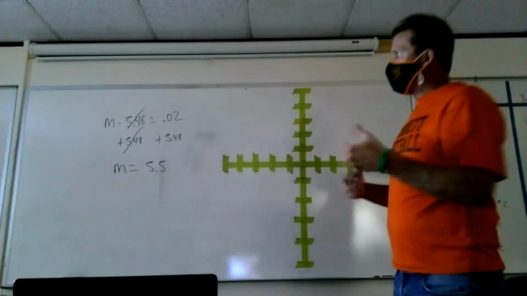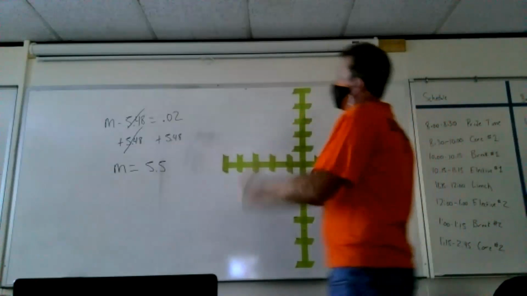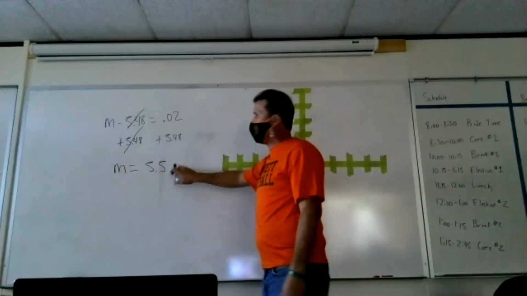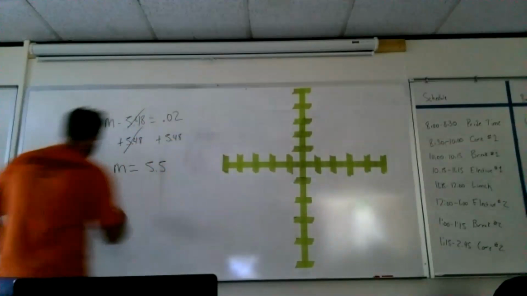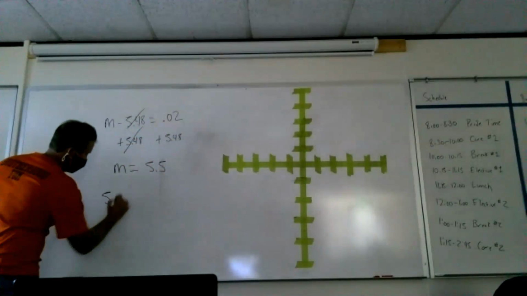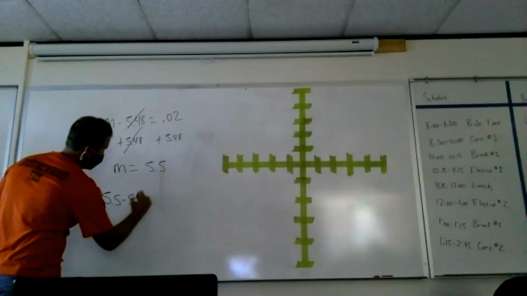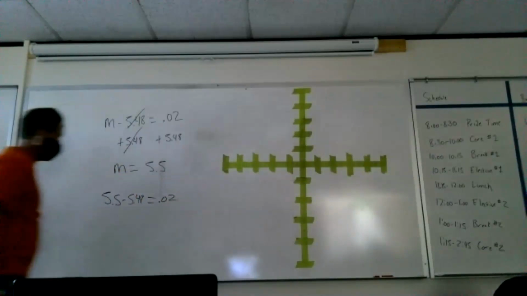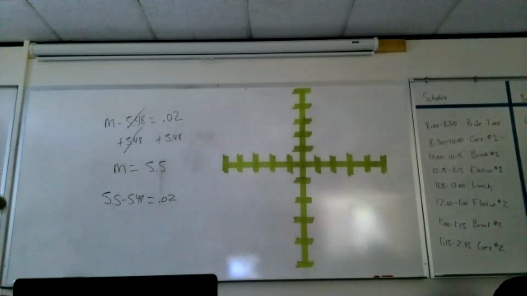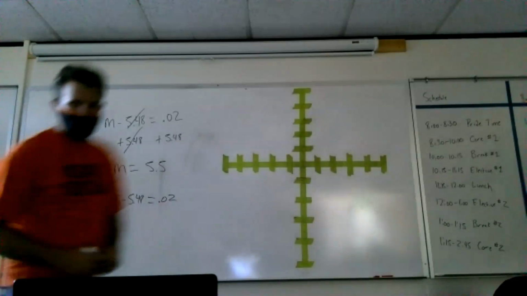And the beautiful thing with math is you can always plug it back in to check yourself. We've just stated that m is equal to 5.5. If we plug this in, or m, into the original equation, 5.5 minus 5.48 is equal to 0.02, is that a true statement? And the answer to that would be yes, this is a true statement.